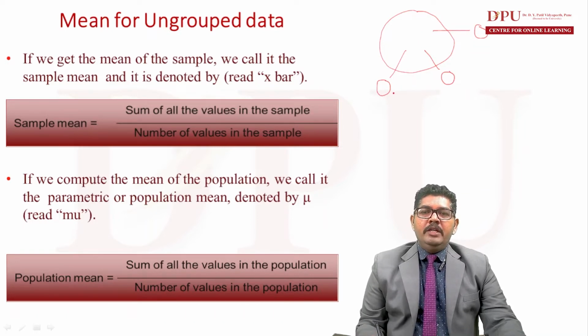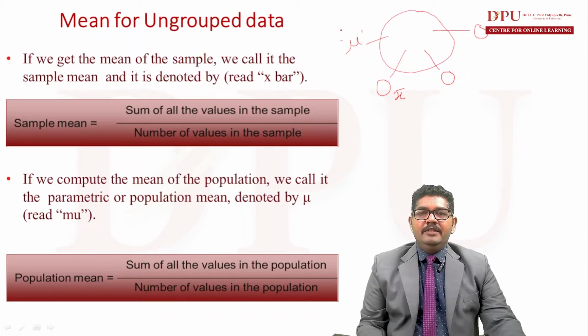So sample mean is denoted by x bar, and the population mean is denoted by mu. When we compute the mean of a population, we call it the parametric or population mean.